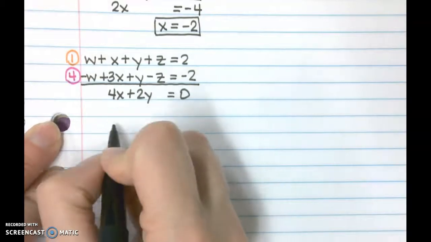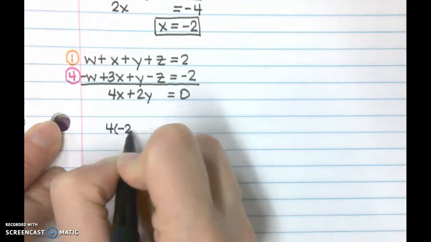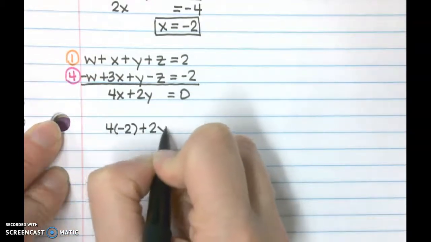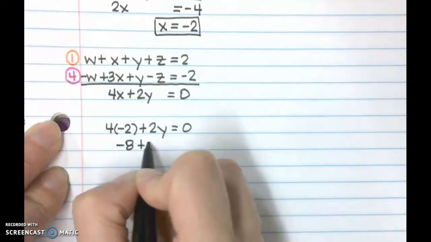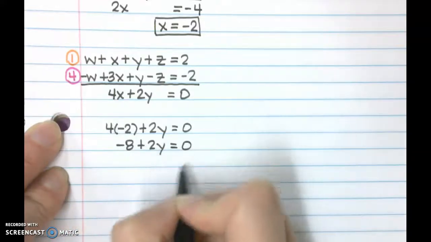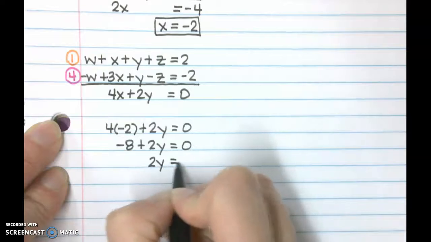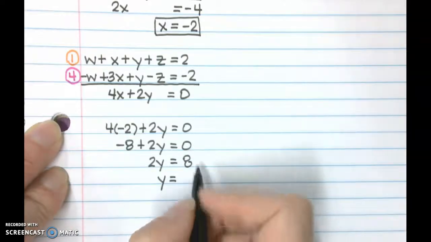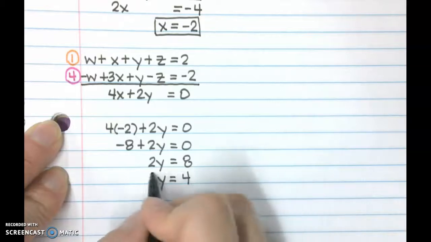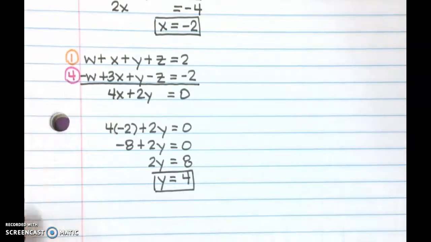So I know that 4 times -2, since x needs to be -2, plus 2y needs to be 0. So then -8 plus 2y is 0. So if I finish solving, I find that in my solution, y must have a value of 4. And I'm going to keep working from there.